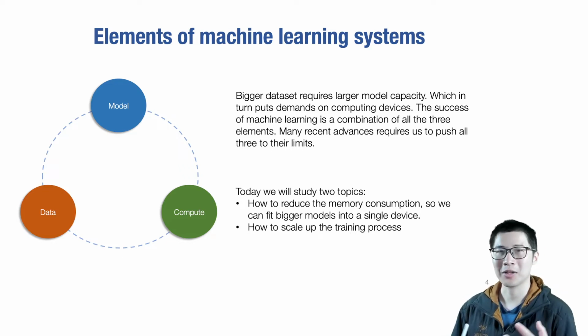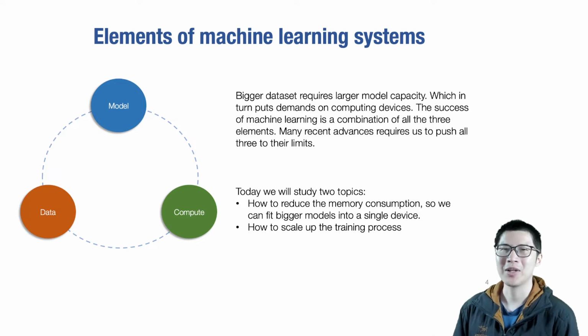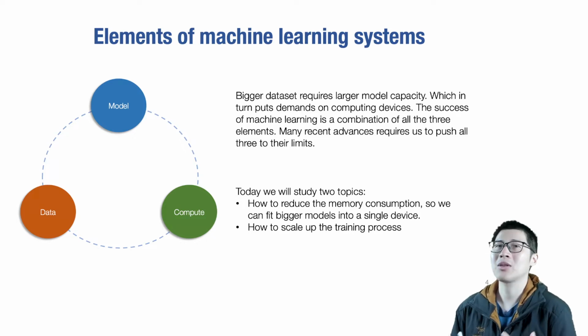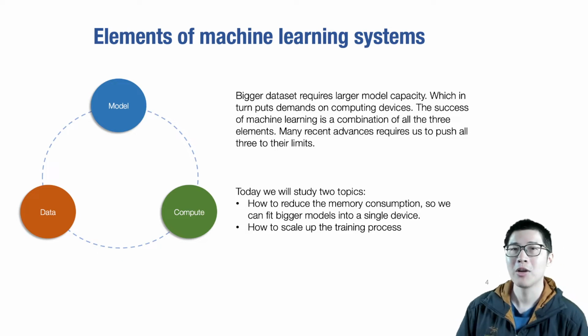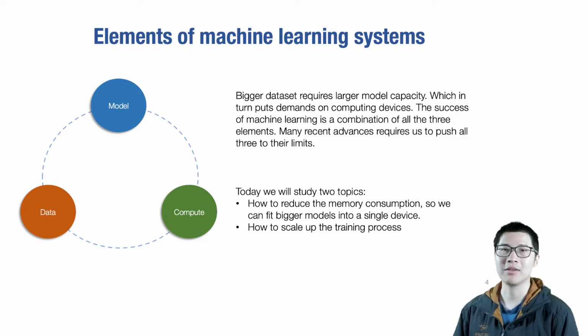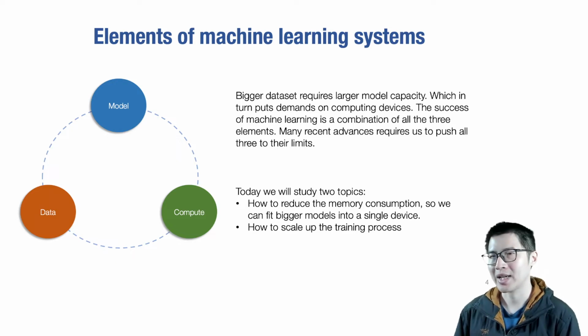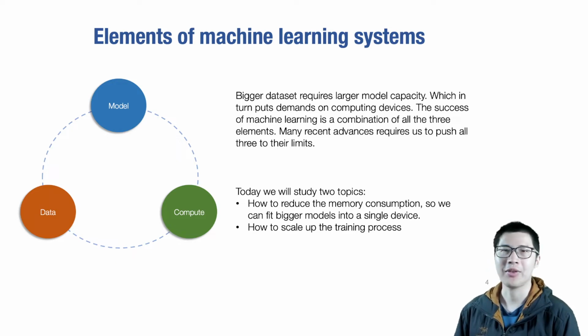A lot of cases they will involve GPUs, as well as some of the acceleration devices. So in order to do that, there's really a question about how do we scale up this learning process, right? Can we fit bigger models onto the limited devices we have, as well as how can we scale up the training process so we can leverage more devices available? These are the two questions we're going to study in today's lecture.